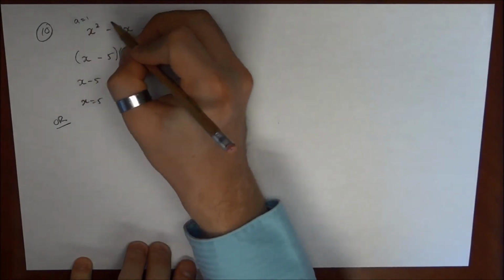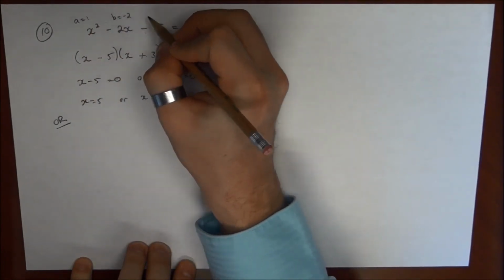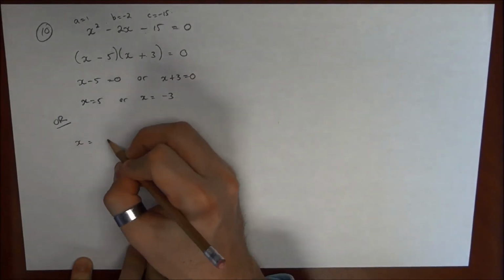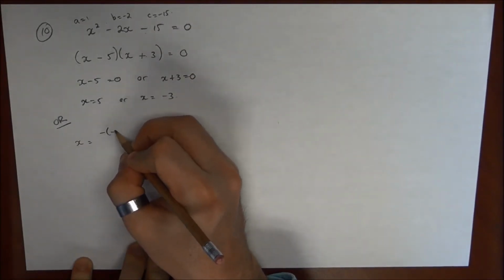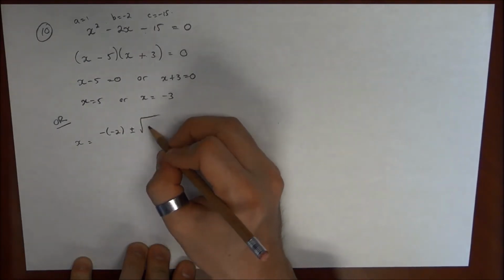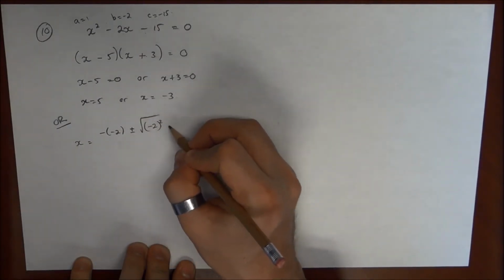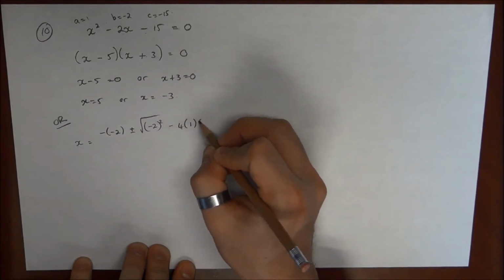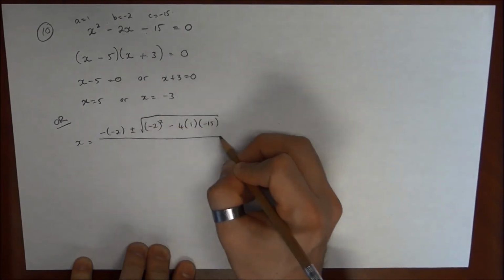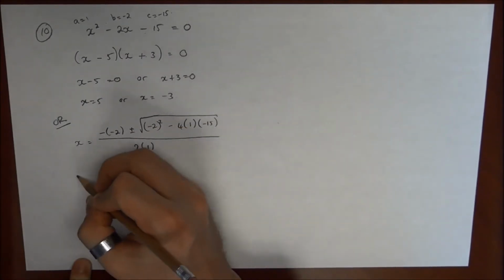So now a is equal to 1, b is equal to negative 2, c is equal to negative 15. So I get x equal to negative b, plus or minus square root of b squared minus 4ac, over 2 times a.